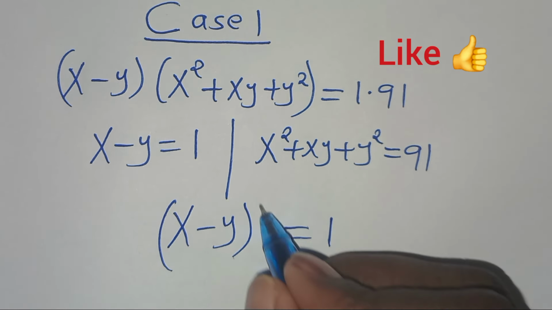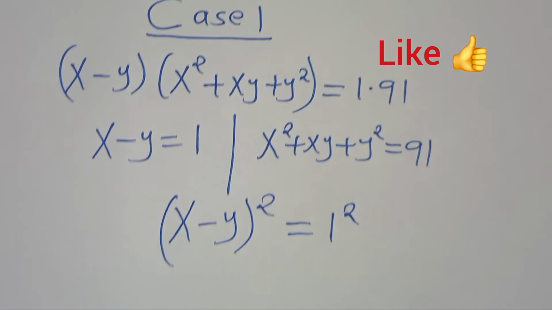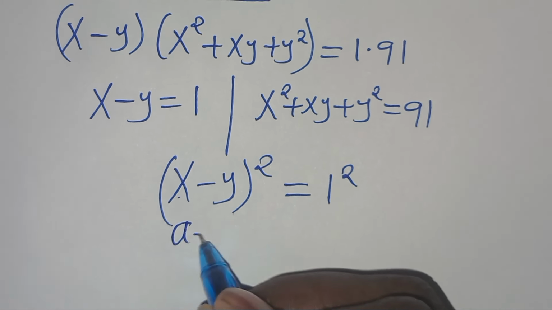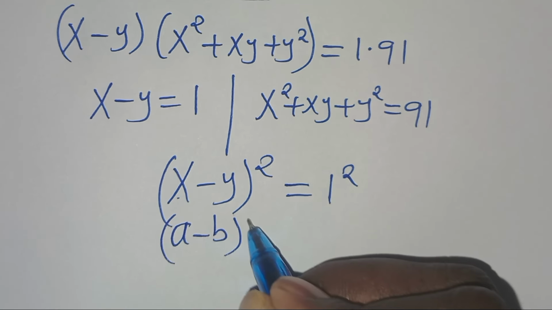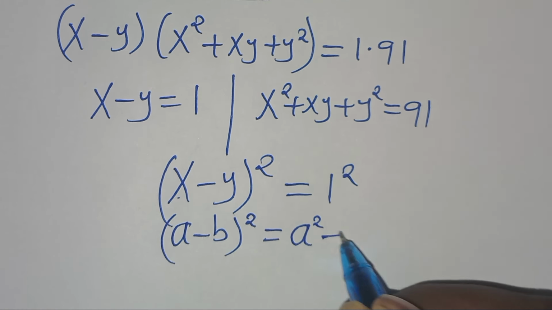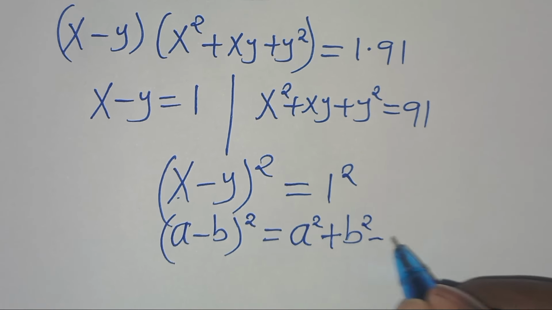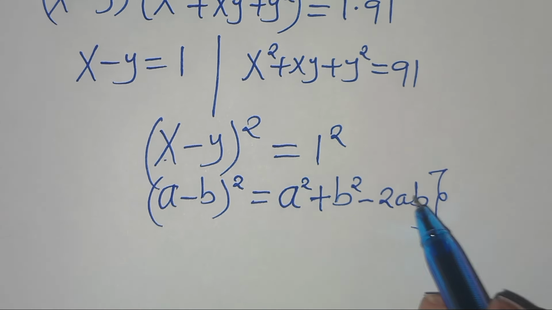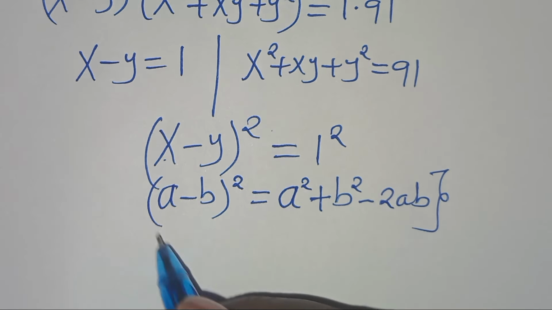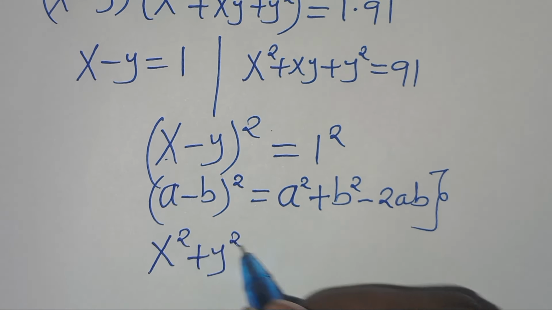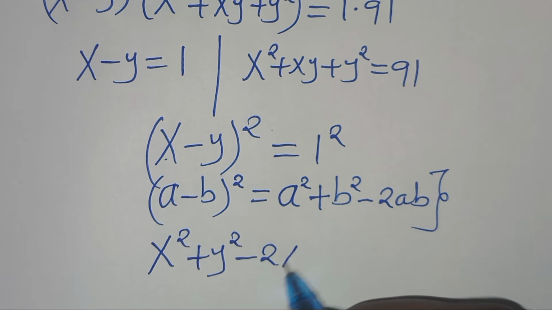So let's square on both sides from here. So this is x minus y to the power of 2. This is in the form of a minus b raised to the power of 2, which we can express as a squared plus b squared subtract 2ab. So applying this algebraic identity, then here we have x to the power of 2 plus y to the power of 2 subtract 2xy.